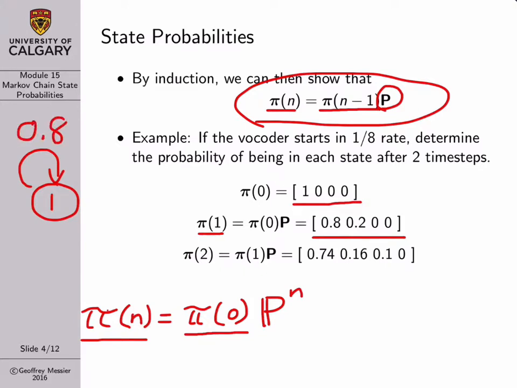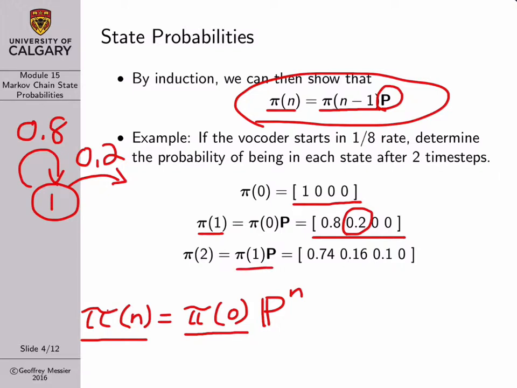So the probability that we're still in state 1 after a single time step is the probability that we followed the loopback path, right? That's why the first term in our state vector is equal to 0.8. And then we made a transition to state 2 with a probability of 0.2, and that's why this second term is equal to 0.2.